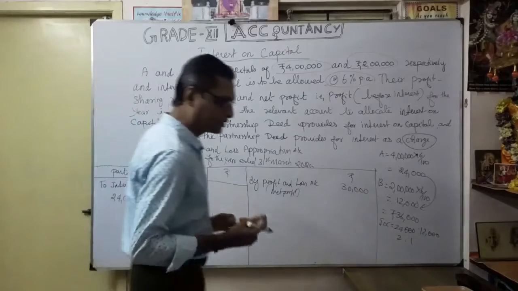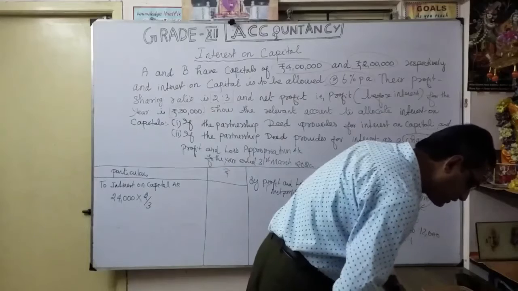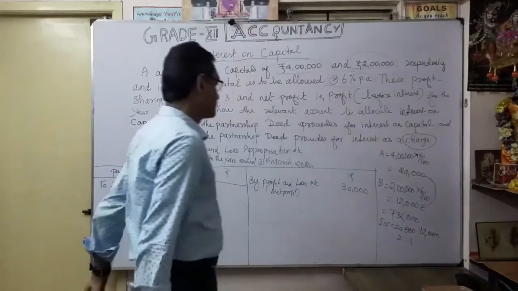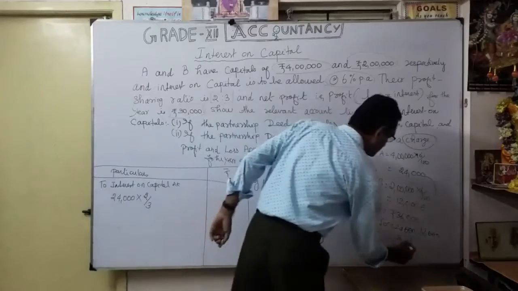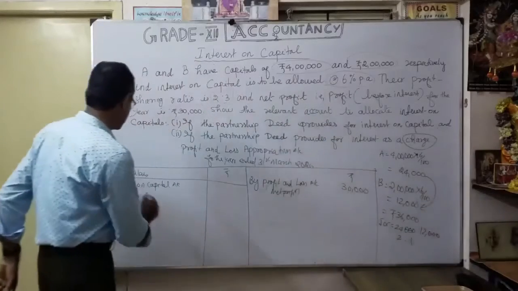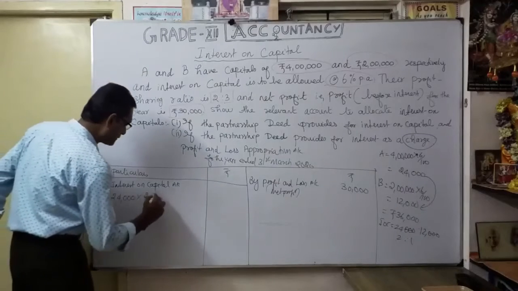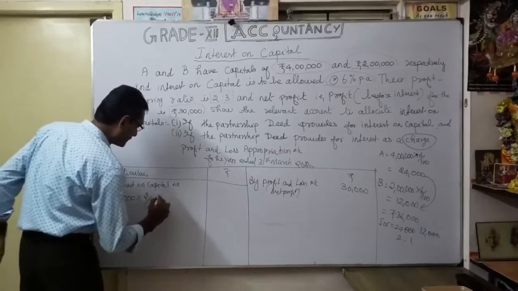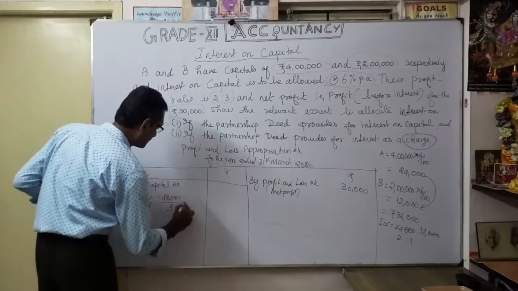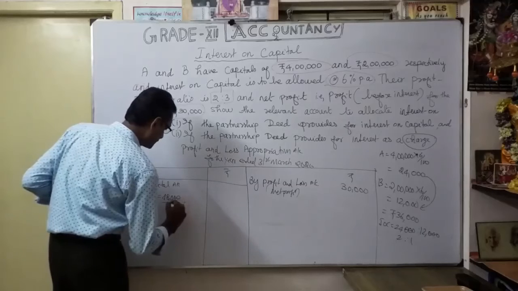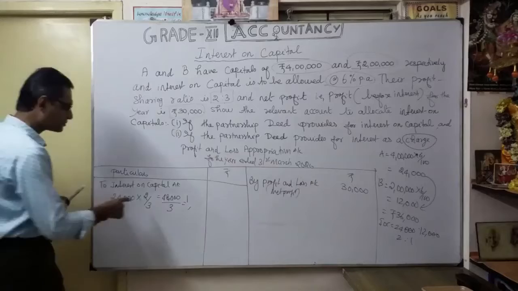So 2 is to 3, 2 divided by 3. You can make it 48,000 divided by 3, so 3 sixes are 18.